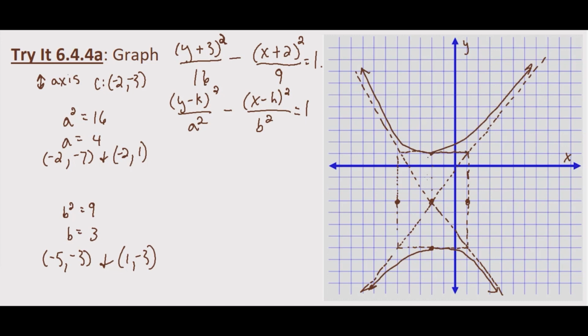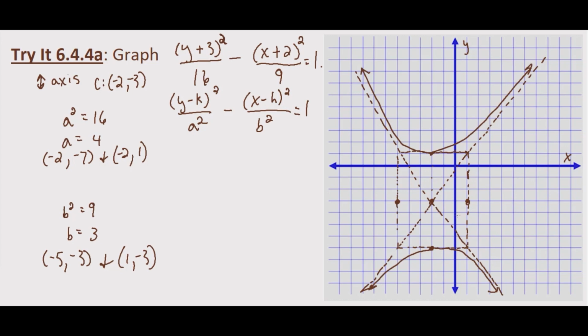So that's verified. And the same thing with our negative slope should be negative 4/3. So 1, 2, 3, 4 down over 1, 2, 3 over. Rise over run is negative 4/3. So the slopes of our asymptotes are verified based on that.